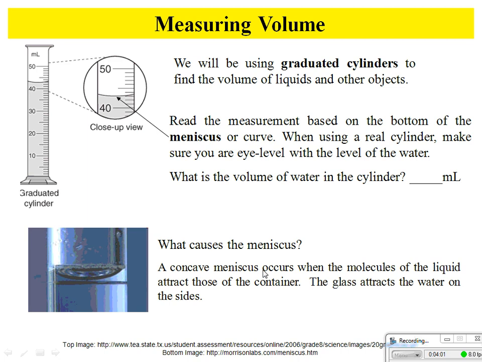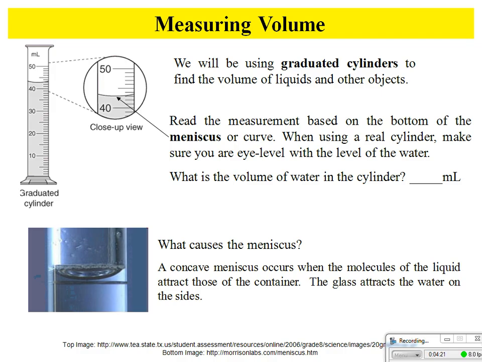Now on to measuring volume. We will be using something called a graduated cylinder to find the volume of liquids or other objects. When you are reading this, you need to read what is called the meniscus or the curve. So take a look at that arrow that points to the curve in that picture of the graduated cylinder.